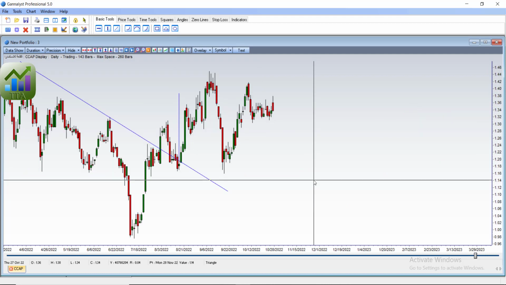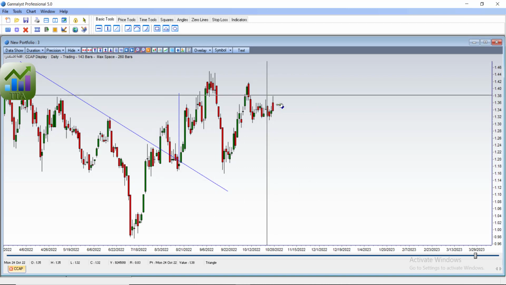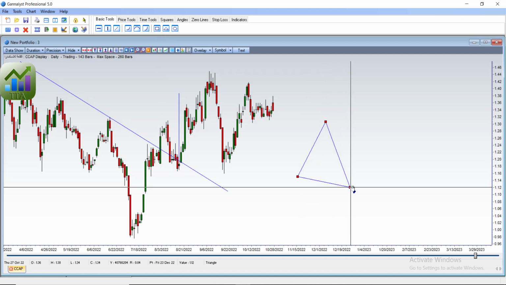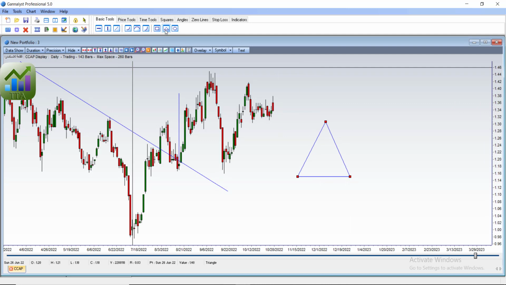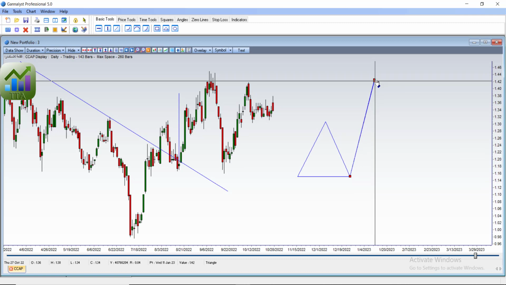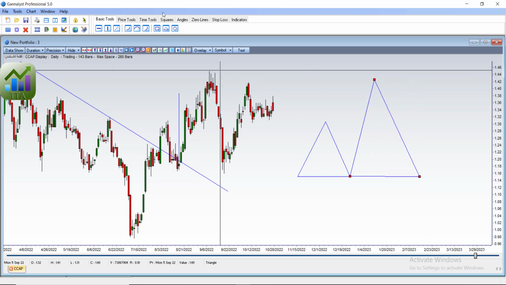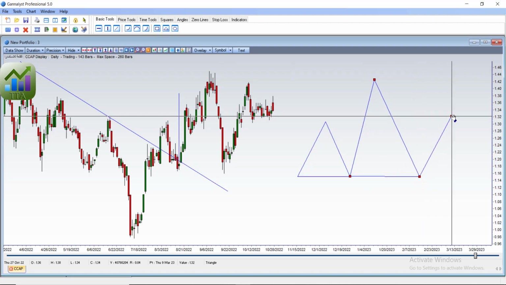One of the most famous patterns in technical analysis is the head and shoulders. Head and shoulders is like this one. This is the shoulder, and this one is the head, and this one is the other shoulder.